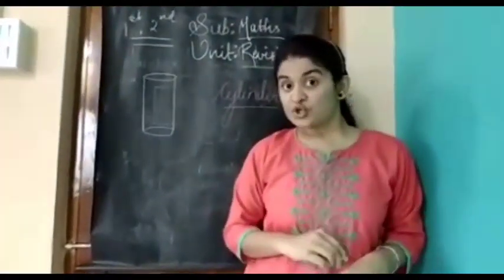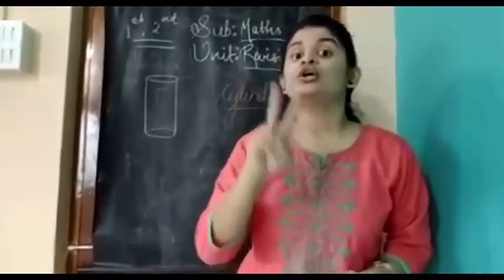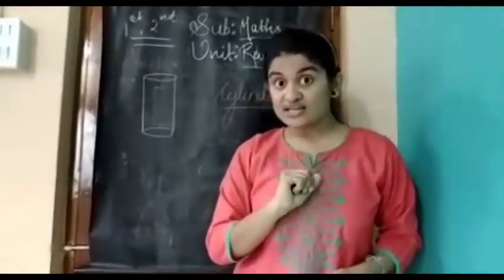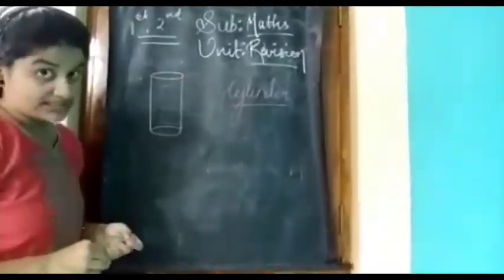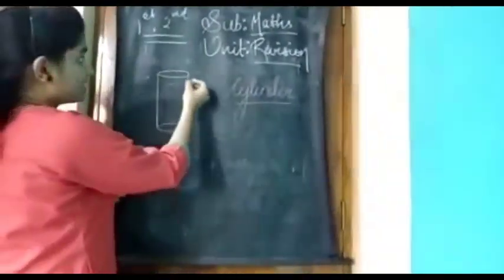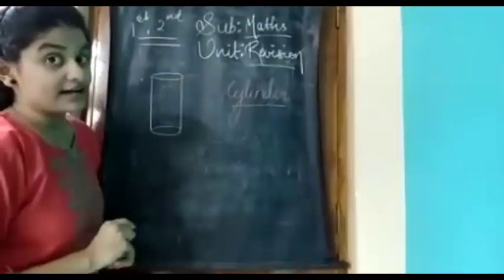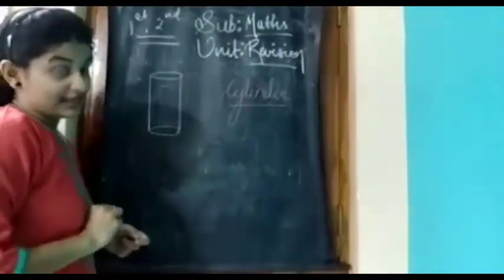Understood? Cylinder has... that you are seeing is known as edge. That means cylinder has two edges. They are 1 and 2.